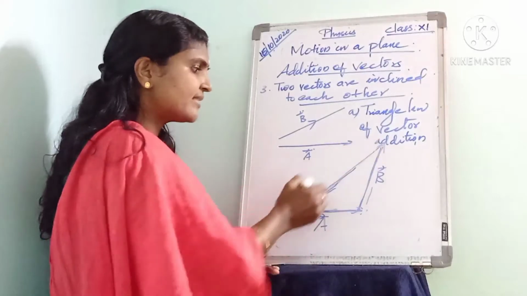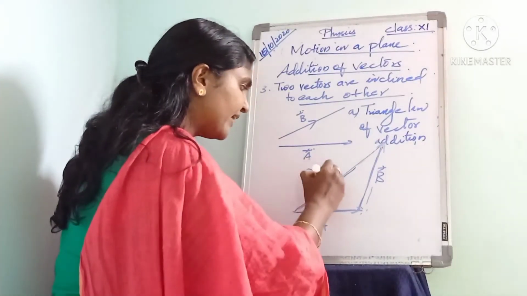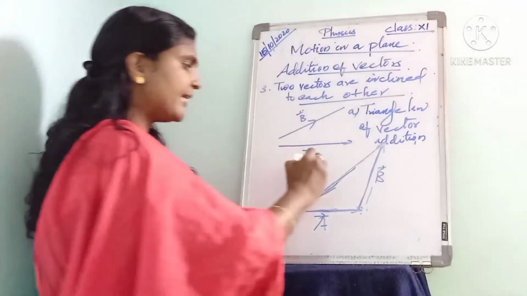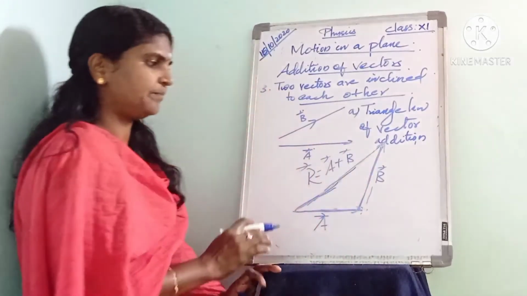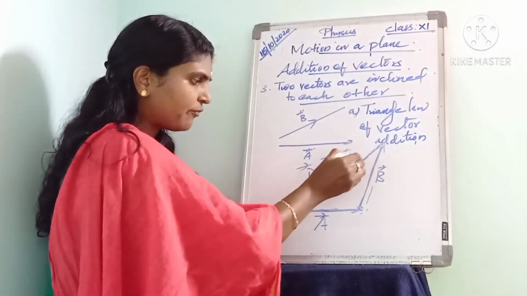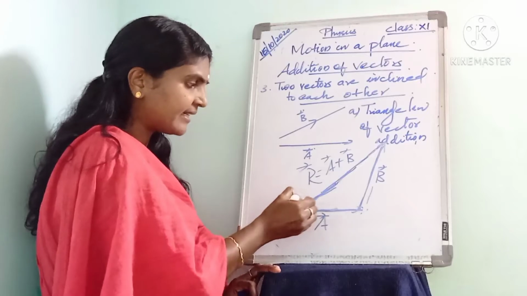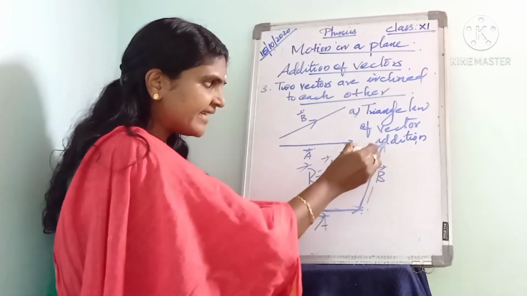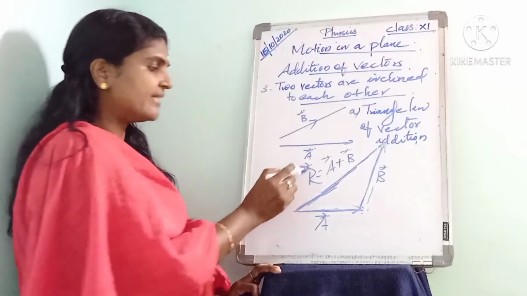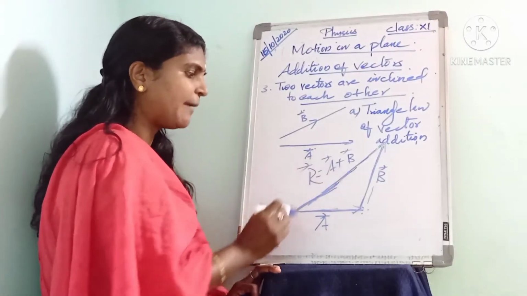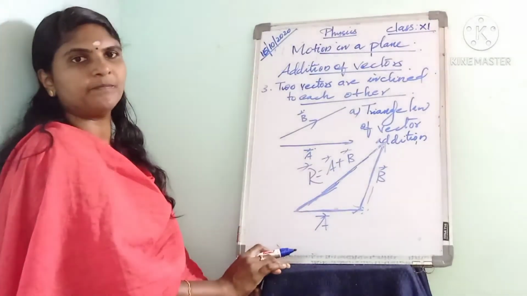This third side gives the resultant vector R, which is equal to vector A plus vector B.